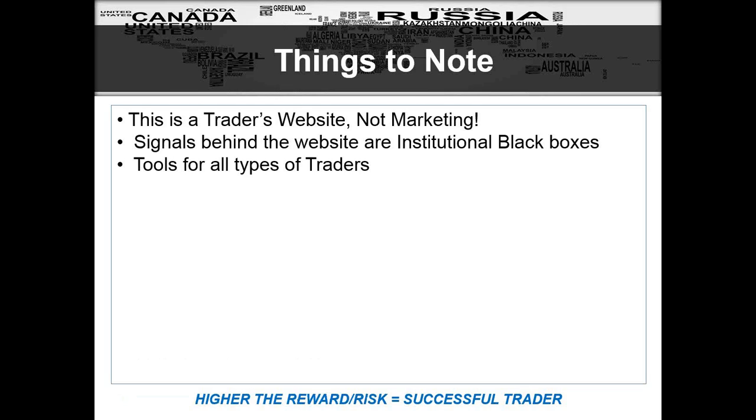Next, these tools that we're going to talk about are tools for all types of traders out there. Half the journey of becoming a successful, consistent trader is to figure out what type of trader you are. Some people are breakout traders. A lot of people are pullback traders. Some people are day traders where they love trading tick charts, 5-minute charts, 10-minute charts, 30-minute charts, and so forth.